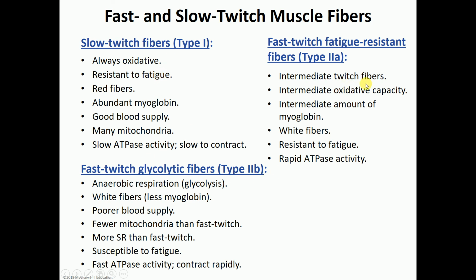And the speed of contraction, again, of these fibers is intermediate between these two. Okay, so again, sprint running, the type 2B fibers will start you off, and the type 2A fibers will get you through the rest of the race.